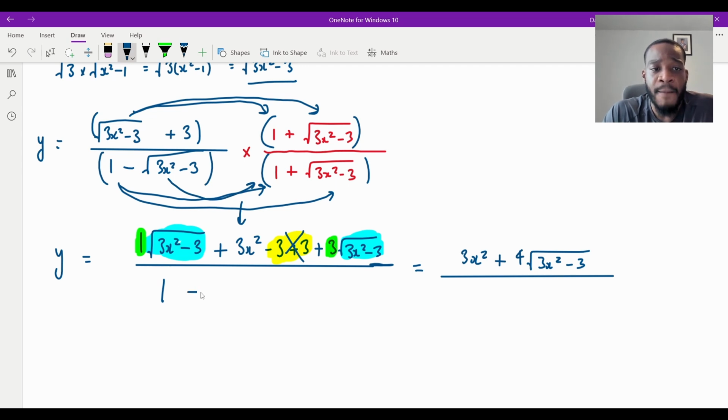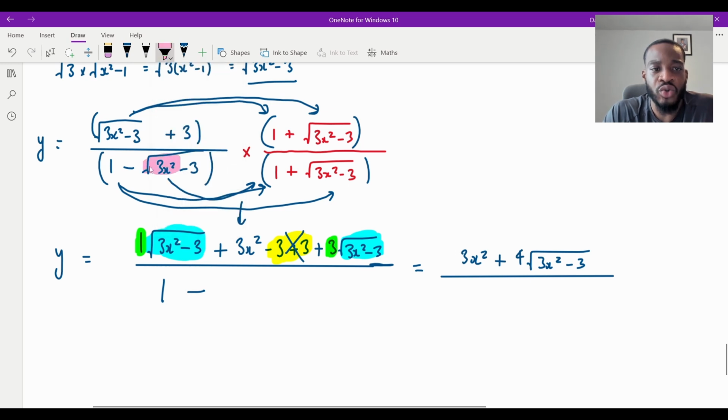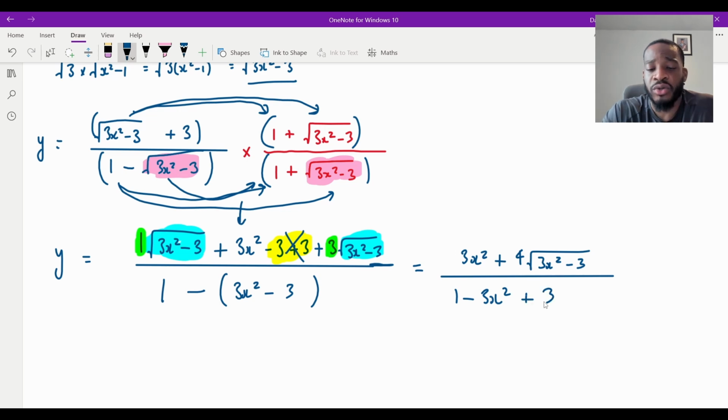So it's just going to be 1 minus, and then I will times these two together, which is the same thing, so the square roots are going to cancel. So it's going to be 1 minus, and I put this in the bracket now because we're taking away, 3x squared take 3. And then expanding that, that's just going to be 1 minus 3x squared and then plus 3, because of the two negatives.